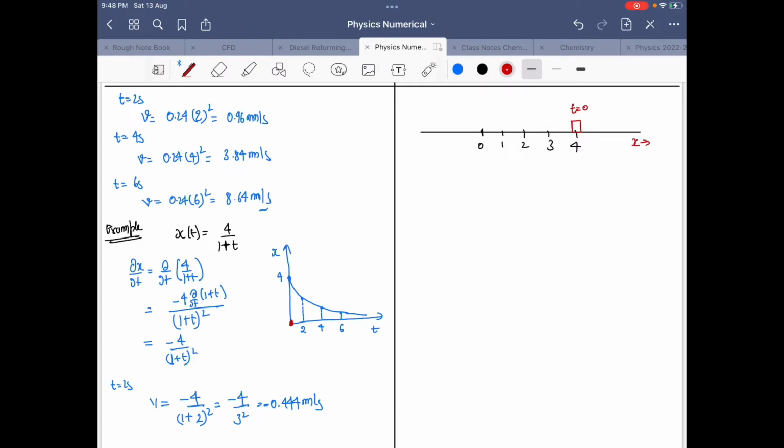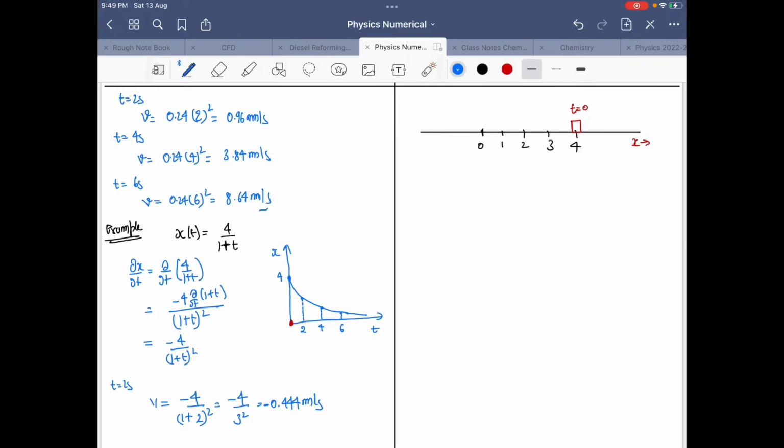Now as time progresses, the distance is reducing, meaning at some time the distance comes out to be less than 4. That means our object is moving in the opposite direction, that is in the negative x direction. Therefore, due to this negative x direction, we have a negative sign here, meaning our velocity is on the negative side. If our object is moving in this direction, then we will have a positive velocity.